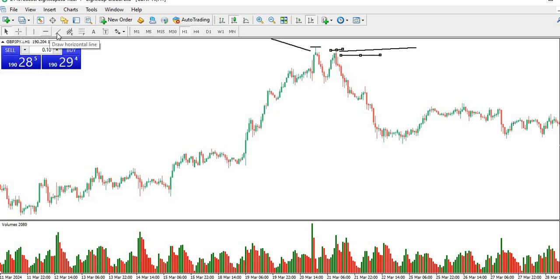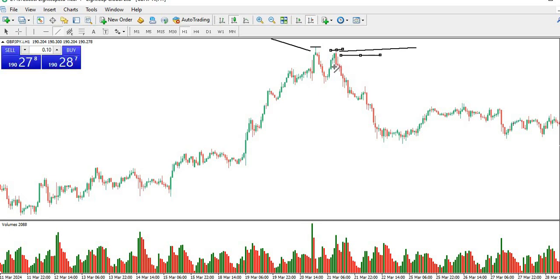So it is not the correct way to trade the double top directly from the retracement. We will wait for a candlestick confirmation, which will be either a pin bar or an engulfing candlestick.